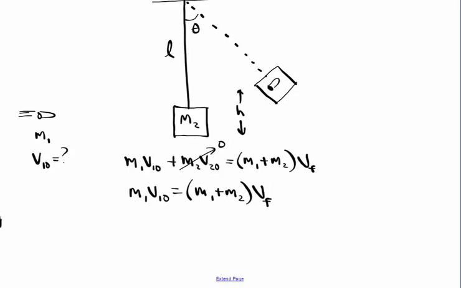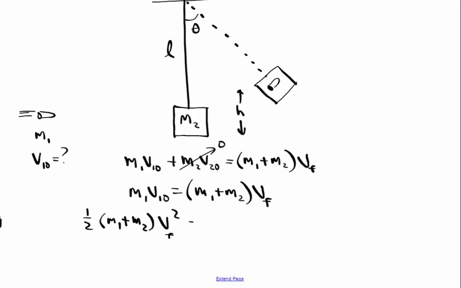And so I know that at the bottom, the bullet and the block together, upon the collision, are moving. So they're going to have kinetic energy. Now this is where it gets tricky, because this final velocity of the collision is now the initial velocity of the second part where the block rises up. But I'm going to stick with the f since I already wrote it once.